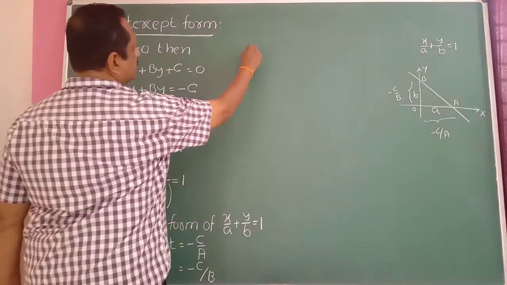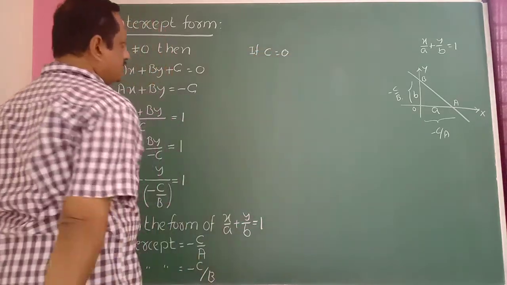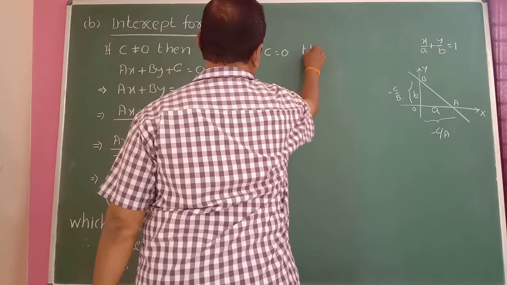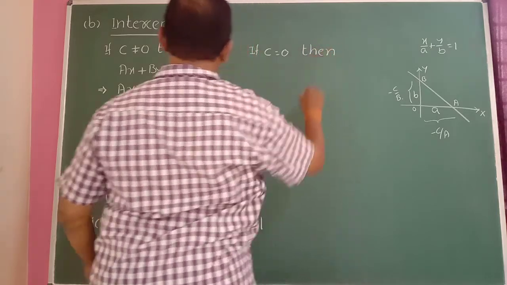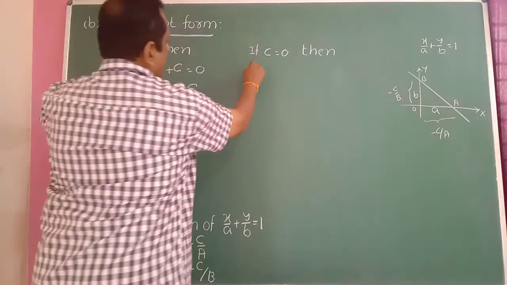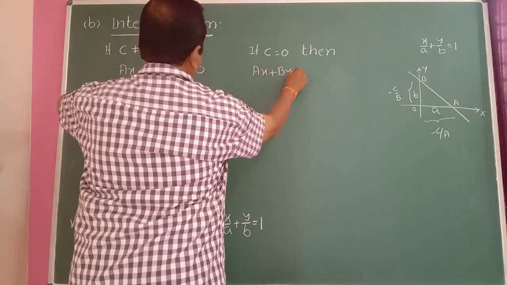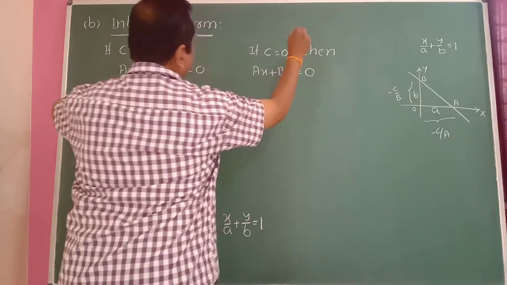Suppose c is equal to 0, then substitute c equal to 0: ax plus by is equal to 0.